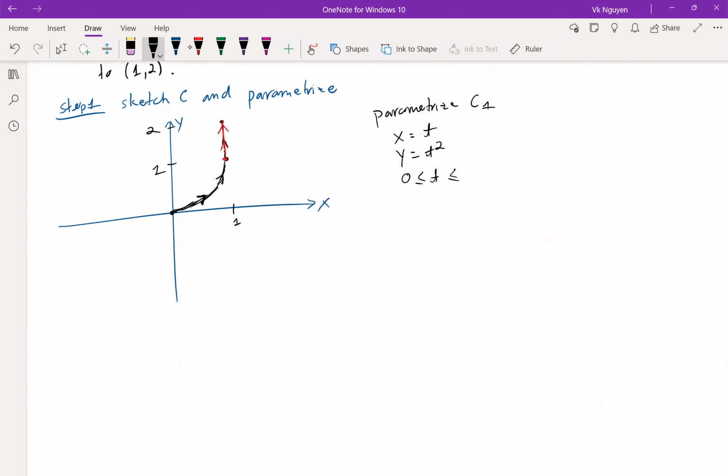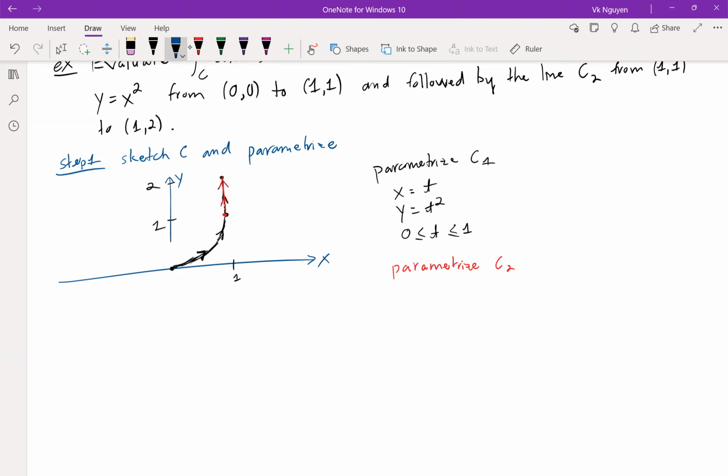A little review on parameterizing any straight line.